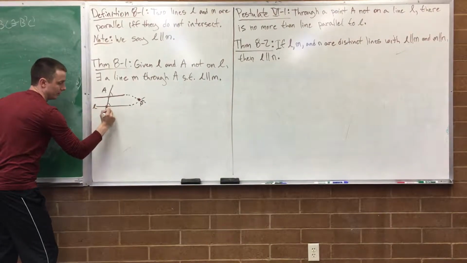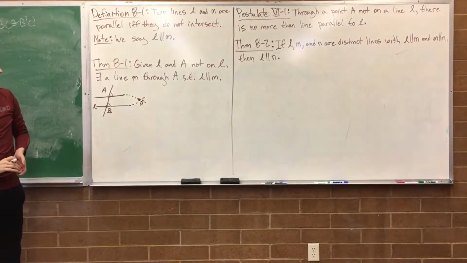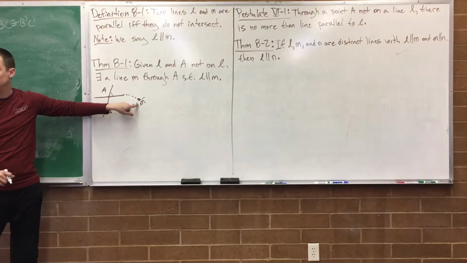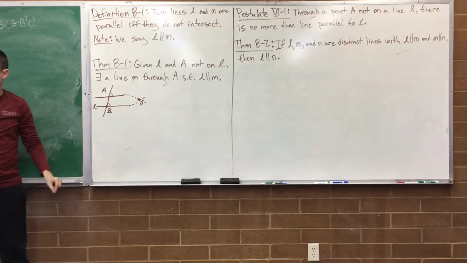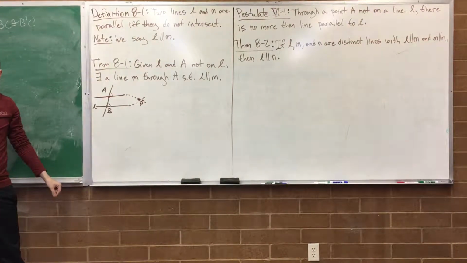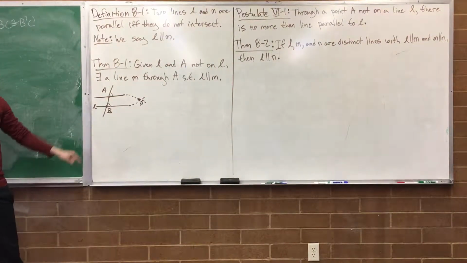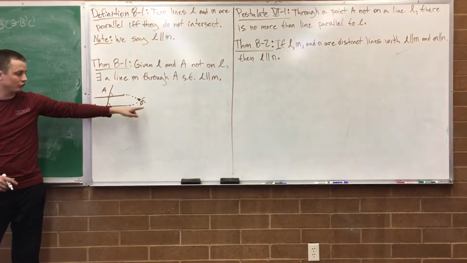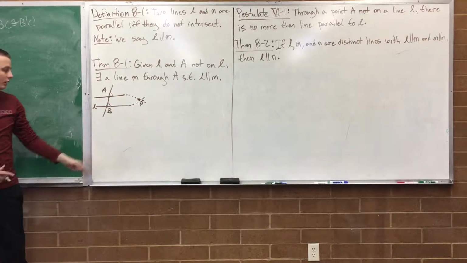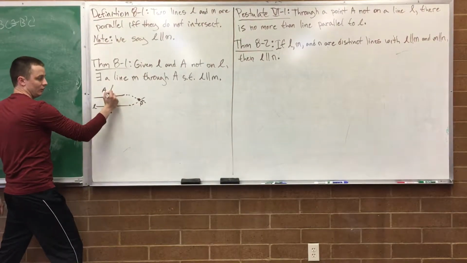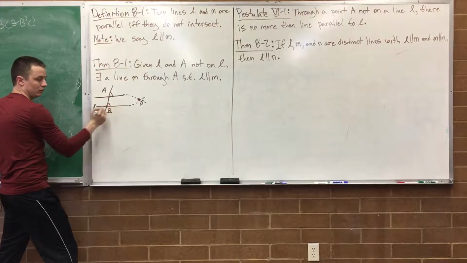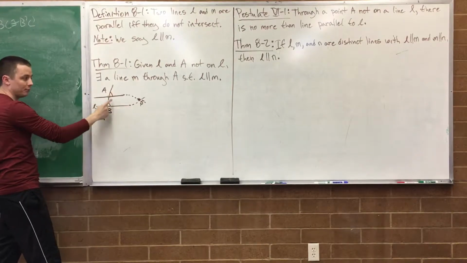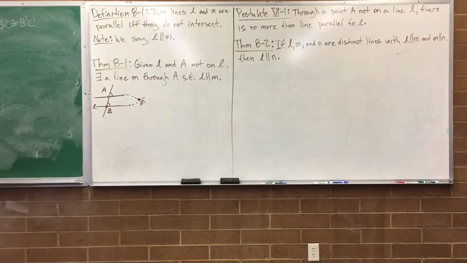Let me just call this point down here B. So then we have a triangle ABP if these two lines eventually intersect, right? You with me? You see how ABP is a triangle? So if ABP is a triangle, then this angle is congruent to this angle, which is an opposite interior angle of that angle.